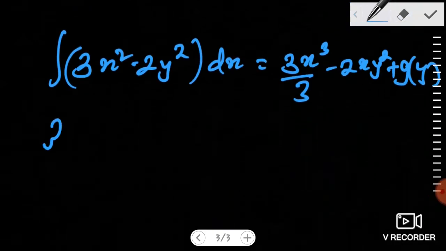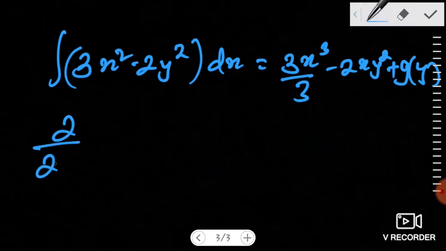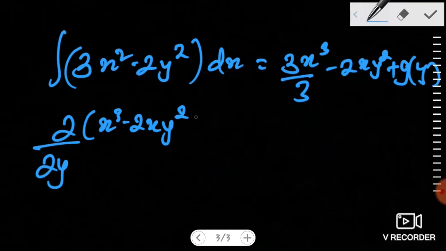Therefore, the partial with respect to y of x cubed minus 2xy squared plus g of y will be equal to: differentiate x cubed with respect to y, this is going to be 0.